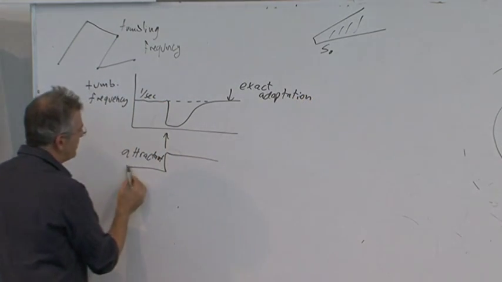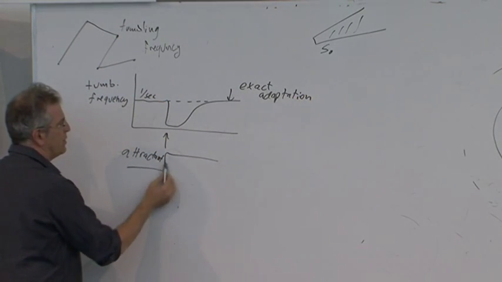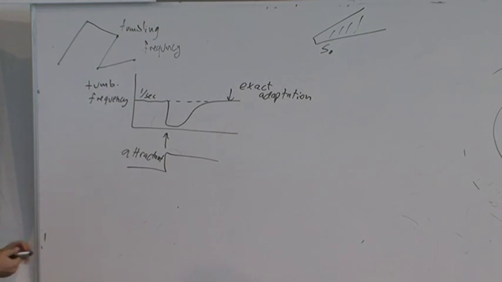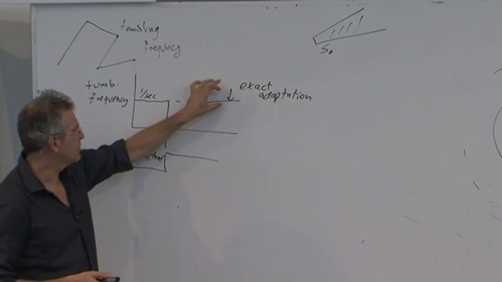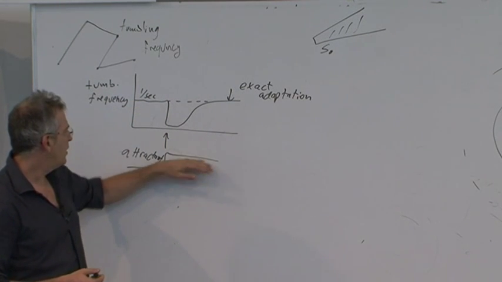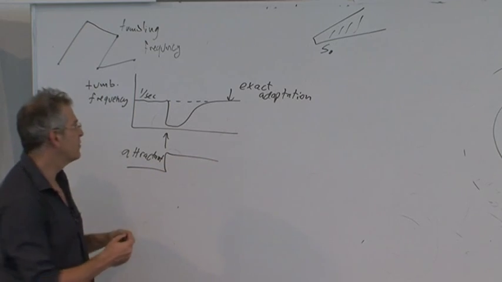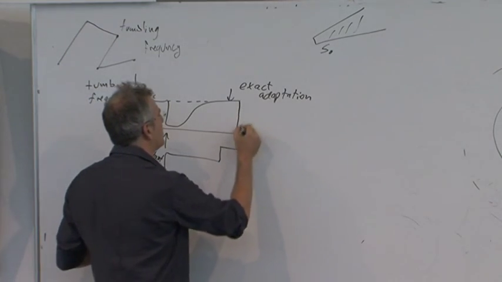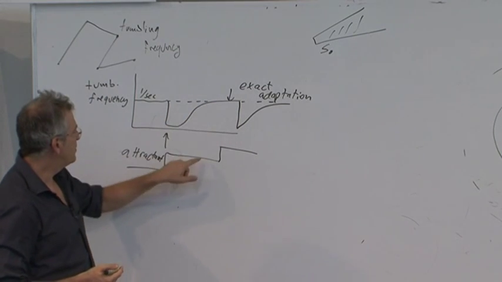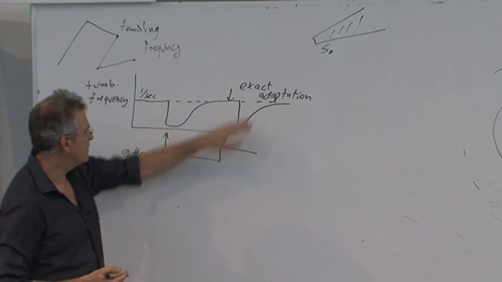So they have exact adaptation. And what they're actually doing is sensing the change, like a derivative, you can say in a certain way. And it's important for you to remember this concept of exact adaptation. The steady state level doesn't depend on the steady state amount of input. So if I put another step here, it will happen again. Steady state output doesn't depend on steady state input, exact adaptation.